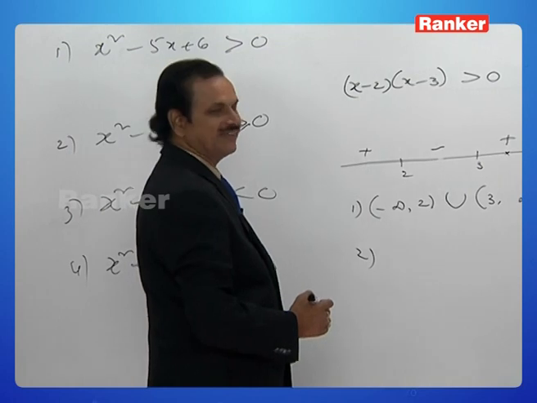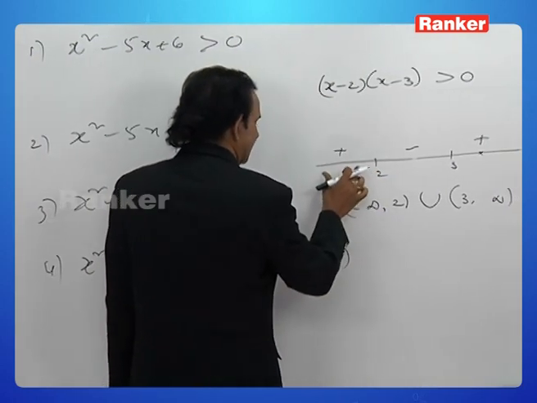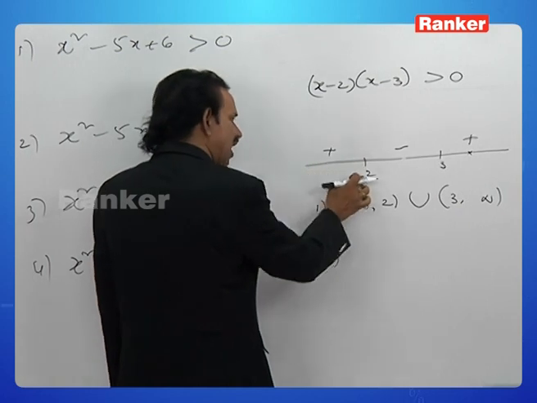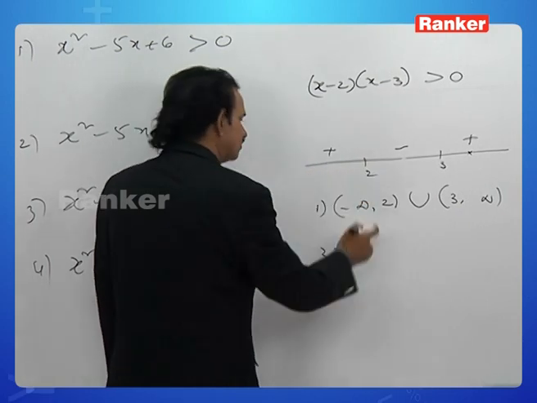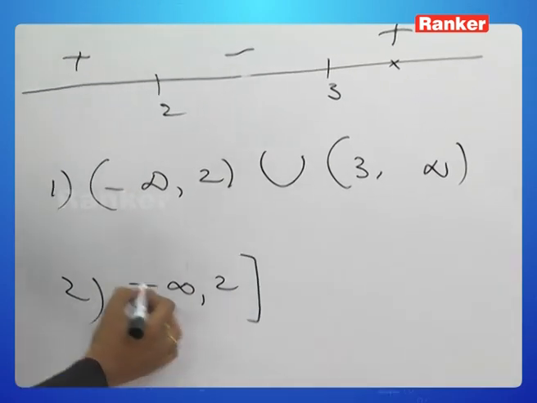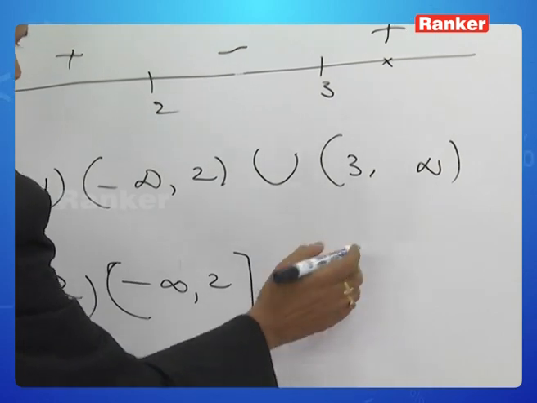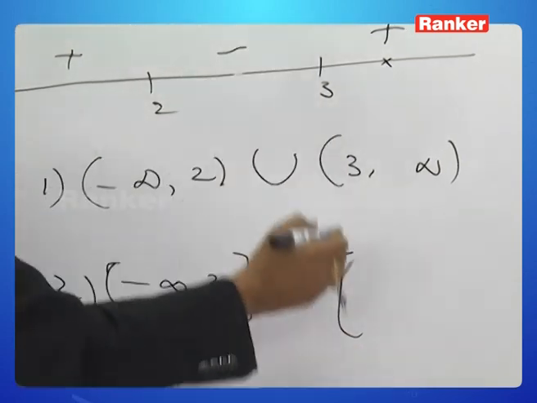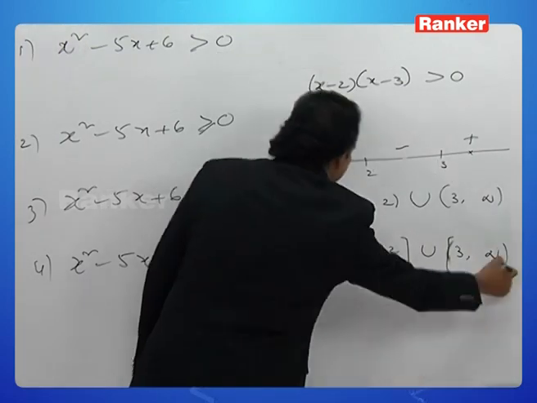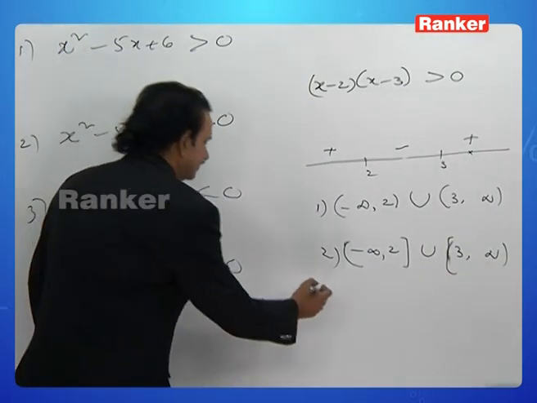Equality is also included here. Therefore, in that case, x can be less than 2 or equal to 2 is also possible. Therefore, minus infinity to 2 closed interval, union 3 to infinity.